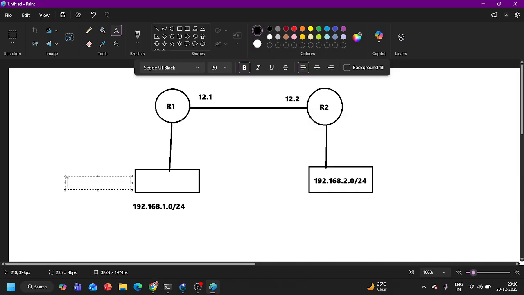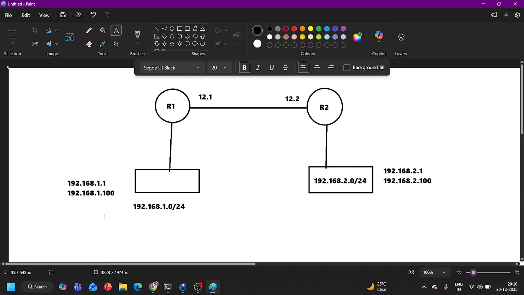Here is the user using IP address 192.168.1.1, and let's say gateway 192.168.1.100. Here is another user 192.168.2.1, and gateway is 192.168.2.100, right? And LAN users are complaining, I'm not able to talk with 2.0, right?